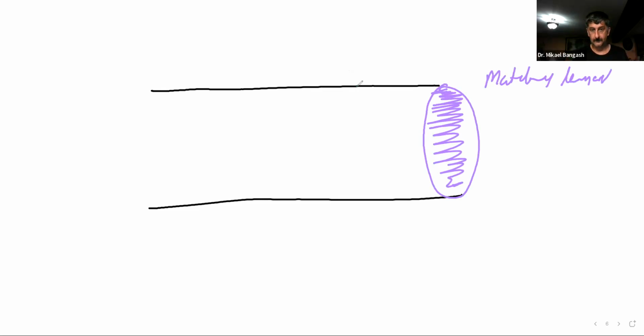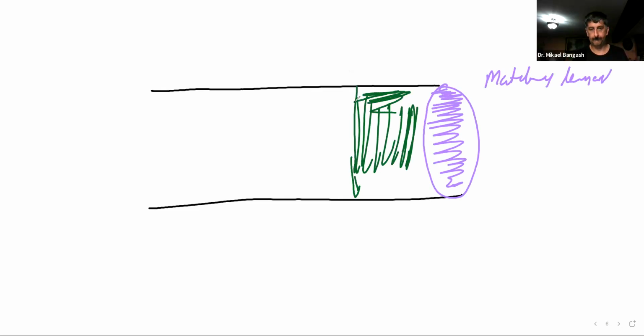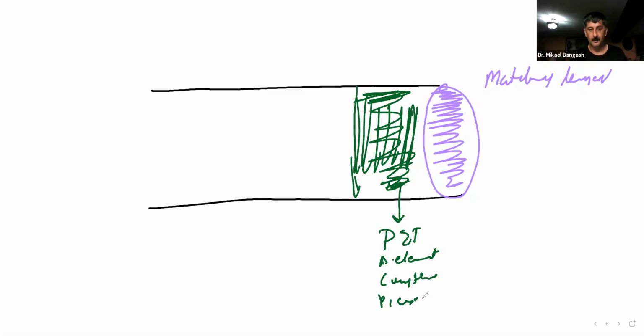Next, we have this fellow here, and that is the PZT. Now, when I say PZT, you should already know that this is the active element, the crystal, your piezoelectrical material. So what is going to happen here? That's the conversion of your energy from one form into another.